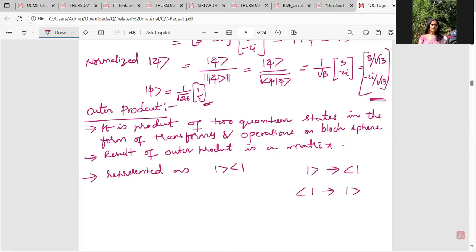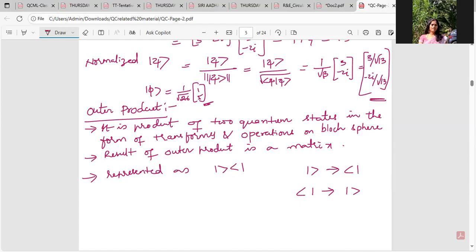But what are the resultants of outer product? There is a variation compared to the inner product. It's the product of two quantum states, which results in the form of transforms and operations. Now, outer product results in many things, which we will talk about in the coming videos. Form of transforms and operations on a Bloch sphere.